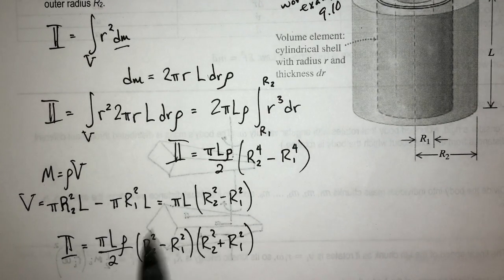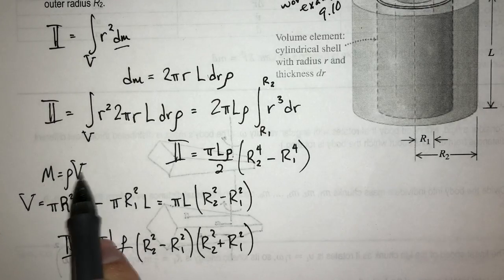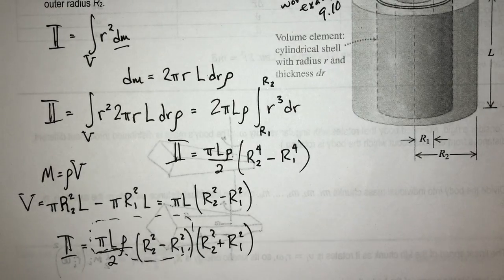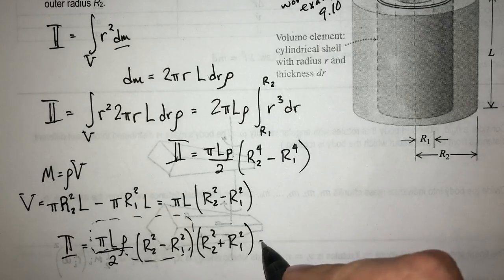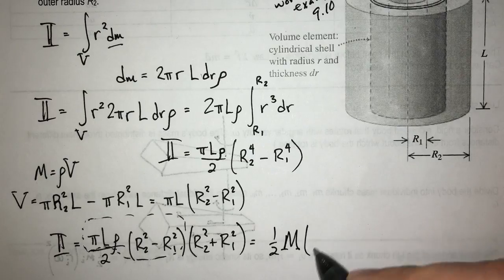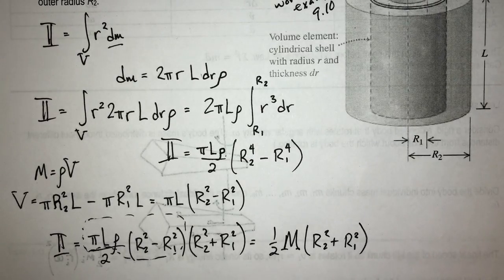And here we've got pi L (R2 squared minus R1 squared), and we also have the rho that we need to multiply by the volume to get the mass. So most of this is just the mass of the cylinder. And we're done. That wasn't so bad.